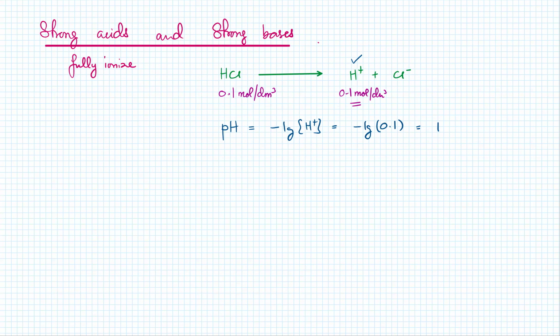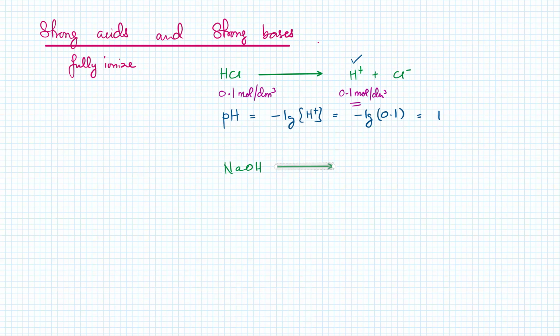Okay, so we found the pH of HCl. That's very simple. Now, what if we have NaOH? NaOH is a pretty strong base as well, and it fully ionizes. Again, that does not mean it's going to 100% ionize, but 99.99%.